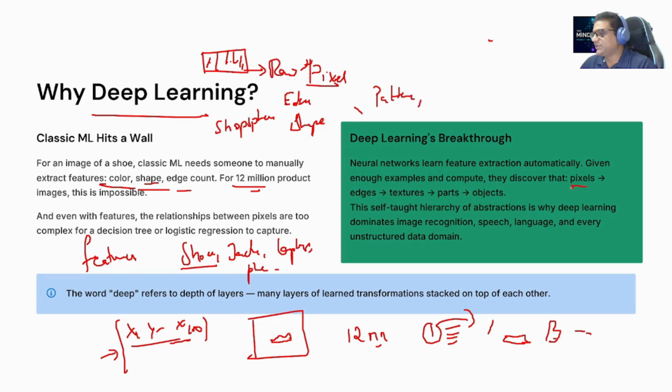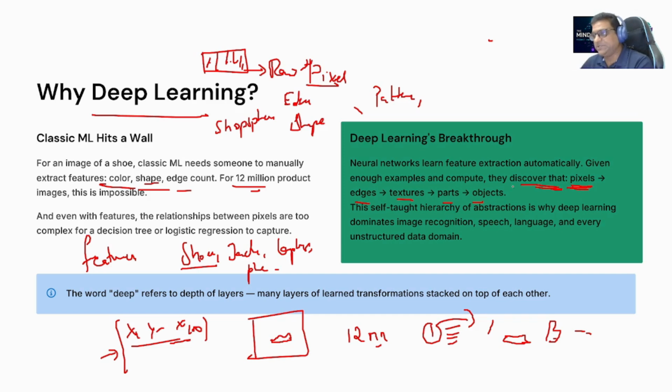So here I have mentioned clearly the pixels, edges, textures, parts, and objects. Eventually, it discovers, okay, this is an image of a shoe. Without anyone explicitly teaching it what a shoe looks like, that's the breakthrough in deep learning. So deep learning learns the representations automatically based on the flow that we just discussed.